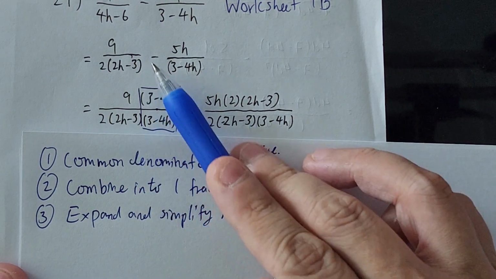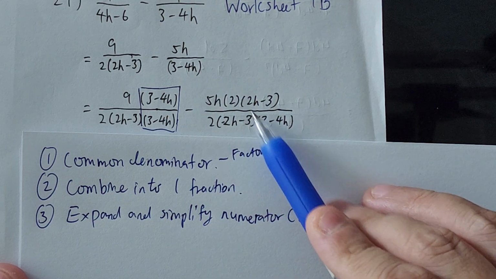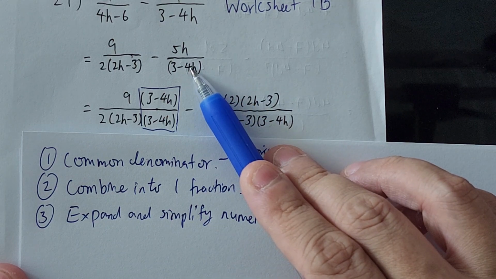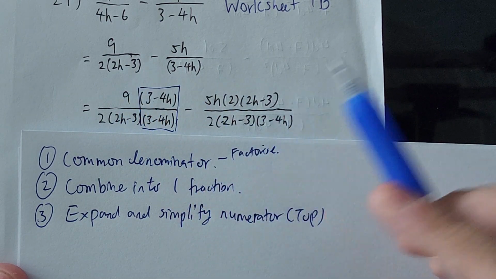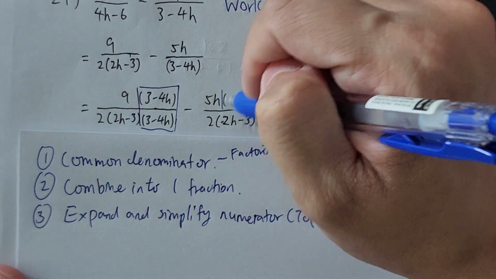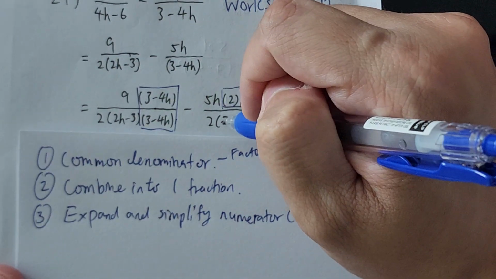So the fraction is multiplied by the 3 minus 4h. I'm doing the same to the second fraction as well, so I multiply by 2 open bracket 2h minus 3. This is the factor that I'm multiplying by.